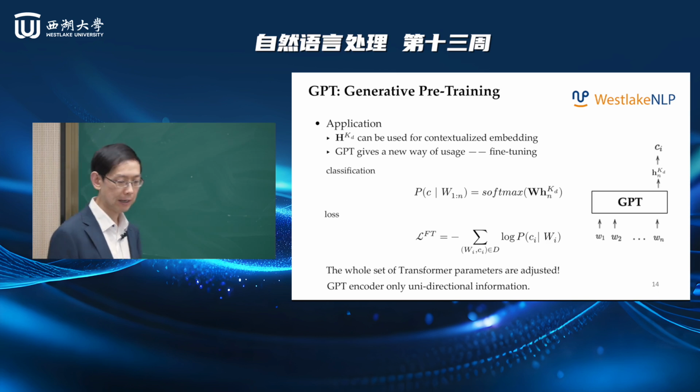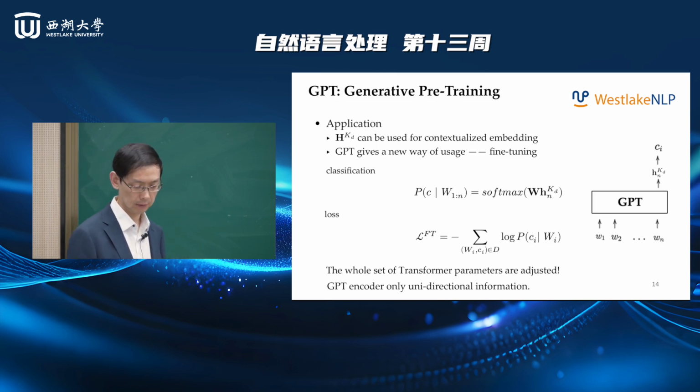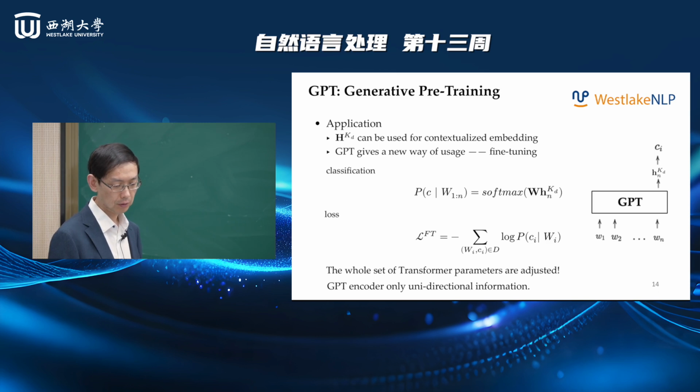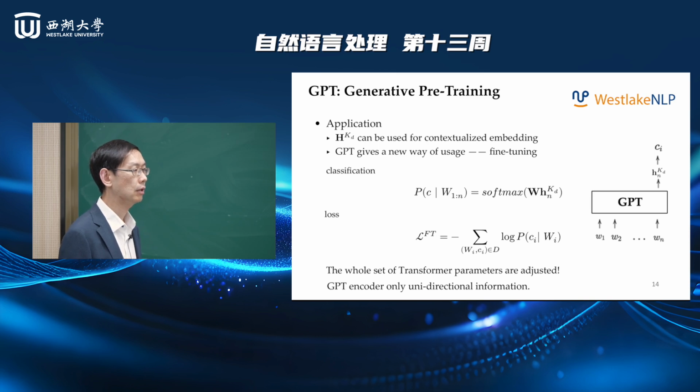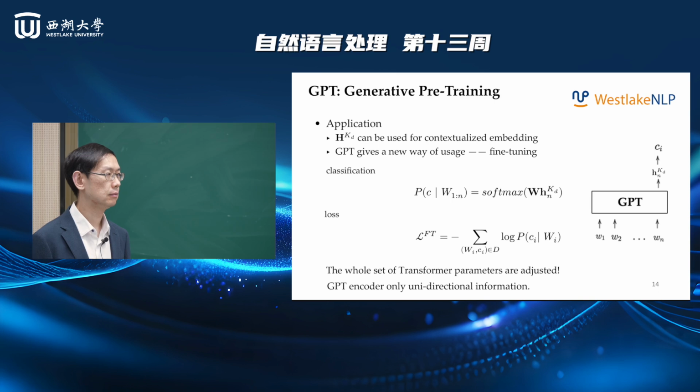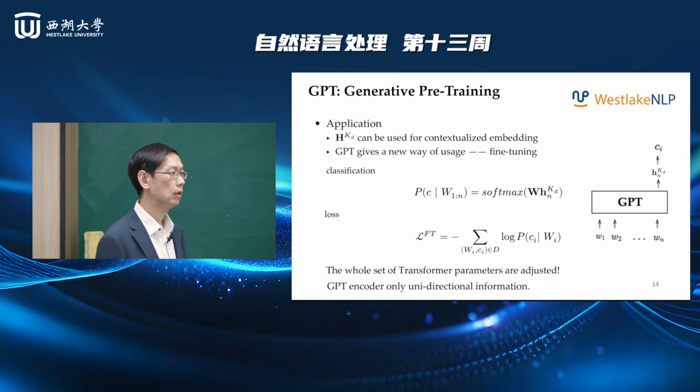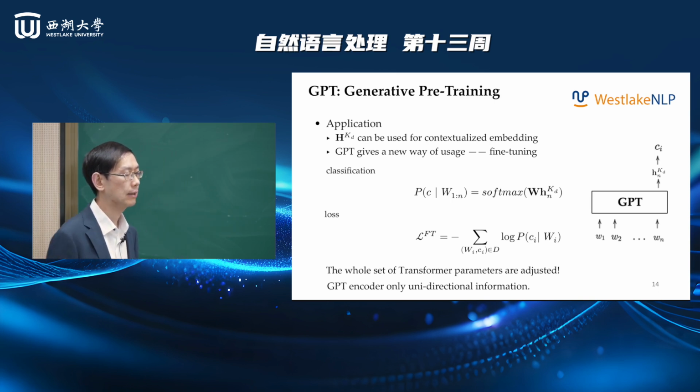But GPT found that you can do something smarter. You don't just take out the contextualized embedding, but you take the whole GPT as the neural foundation model for doing NLP tasks. And you can fine-tune the whole GPT model during your task training.